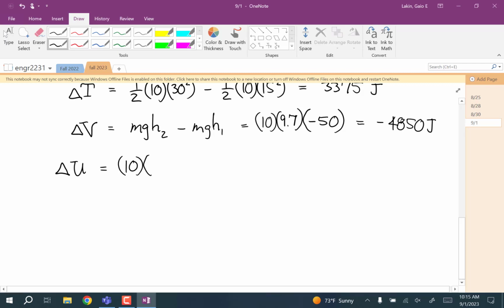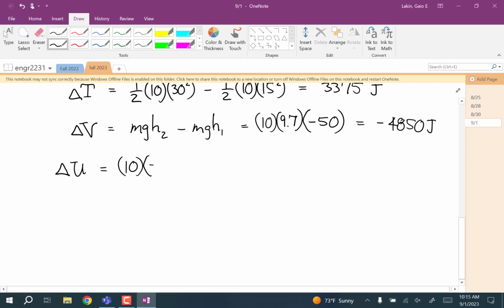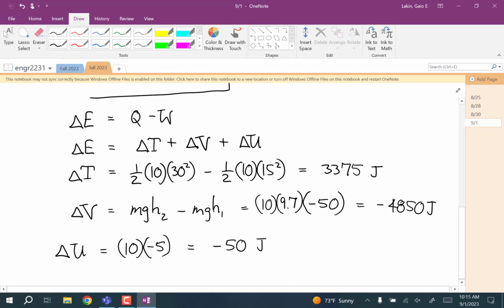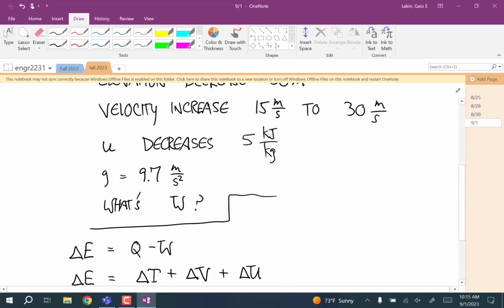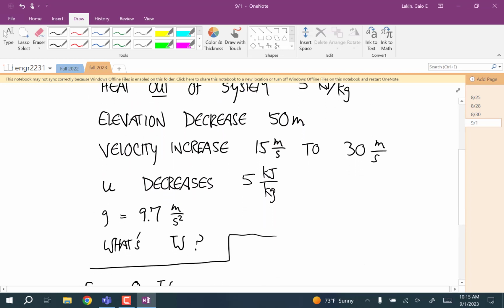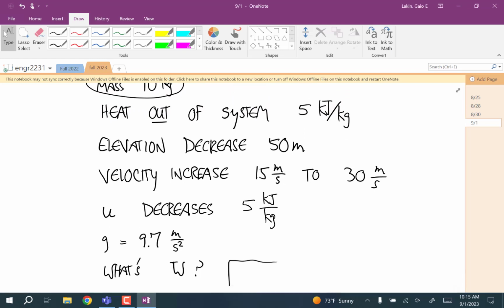So what was this, 5, and it decreases? And so we have a decrease of negative 50 joules there. And, okay, so now, what do we know about it? Heat goes out of the system. So the last thing we have to do, 5 kilojoules per kilogram.